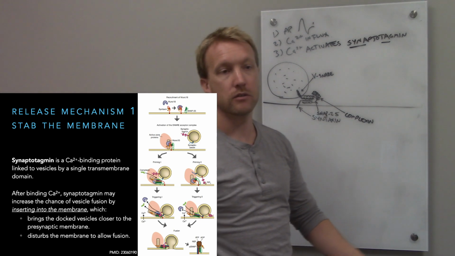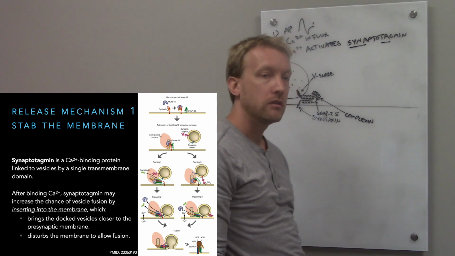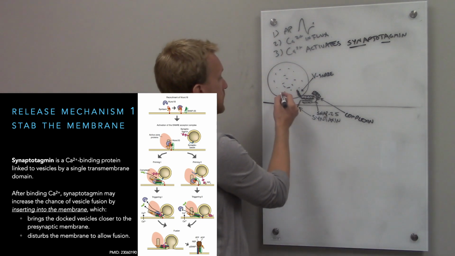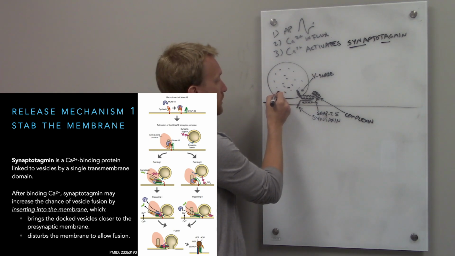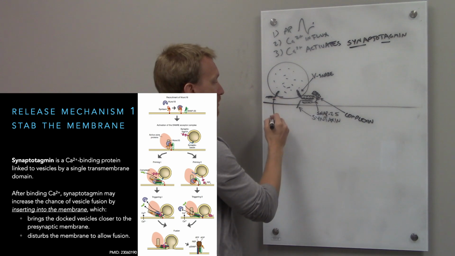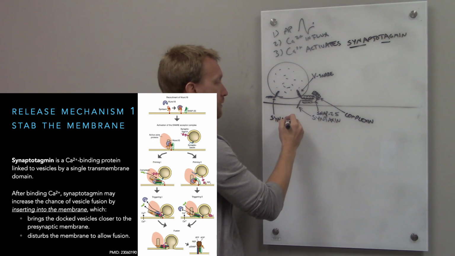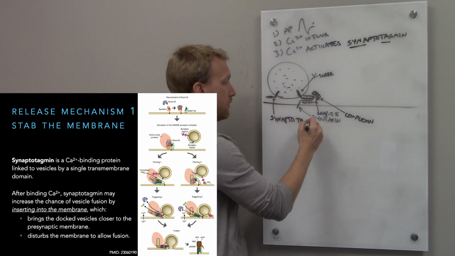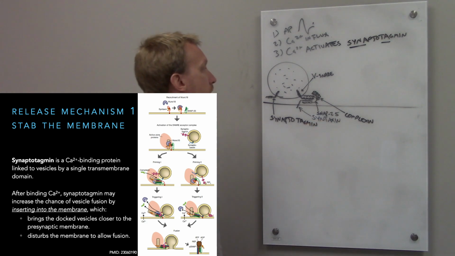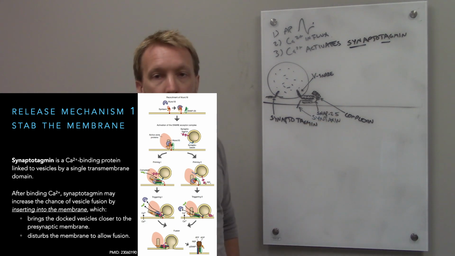Synaptotagmin is another protein stuck into the vesicle. So let's give us a synaptotagmin. Again, tag, you're it. Okay, what's going on here?